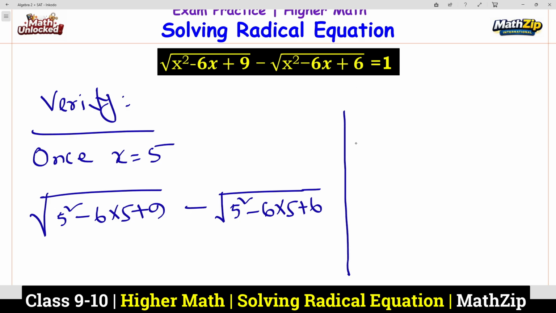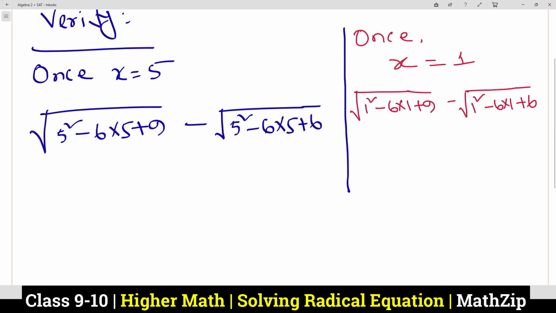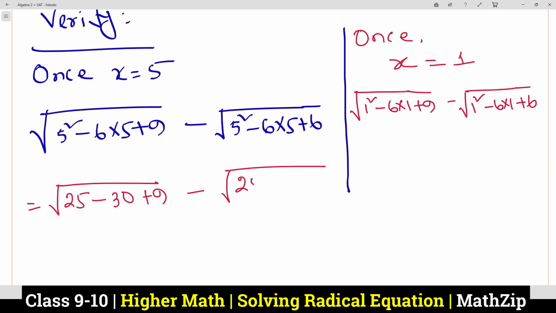Another one, once x equals to 1, that time also the same thing, we have to do 1 square minus 6 times 1 plus 9 minus root over 1 square minus 6 times 1 plus 6. Here we also have to find out that it will be 1. Now look, 5 square means 25, minus 30 plus 9, minus root 25 minus 30 plus 6.